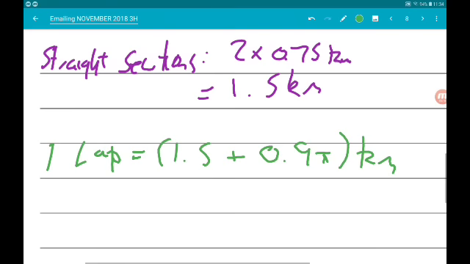Now, at this point, let's put that into our calculators. So, don't forget the pi, classic mistake. So 1.5 add 0.9 pi gives us 4.33 kilometers.